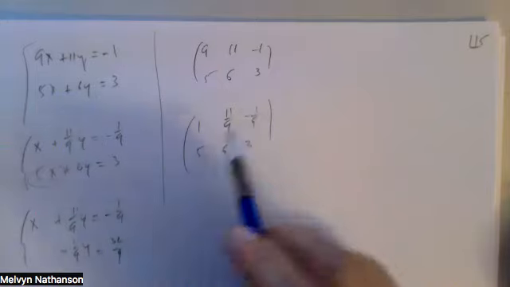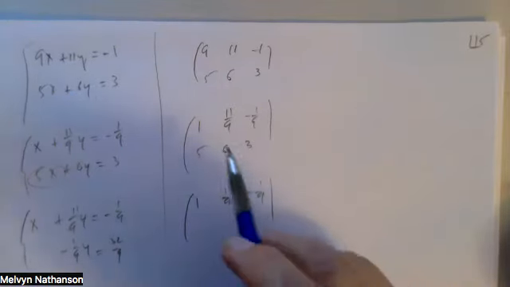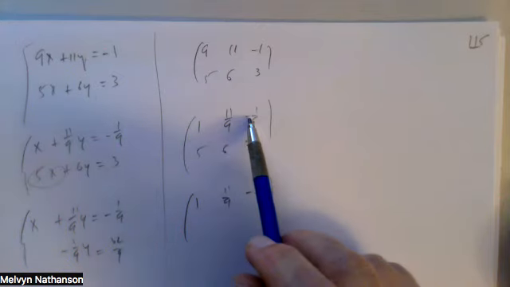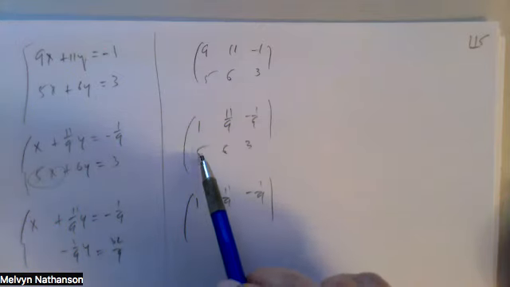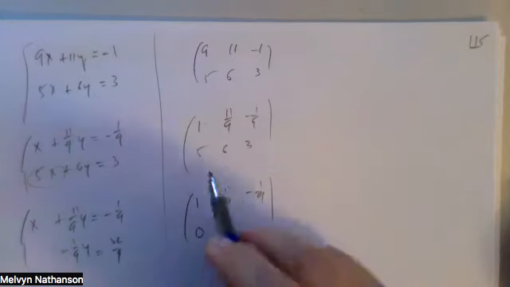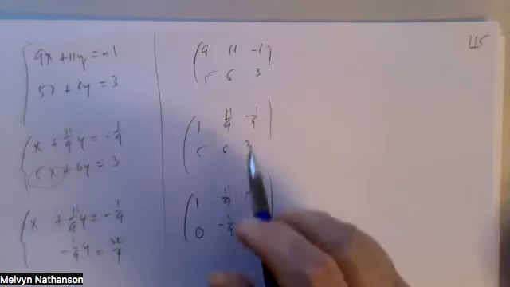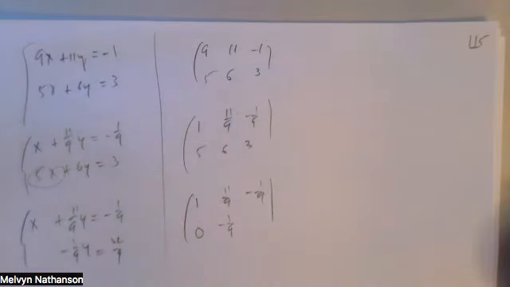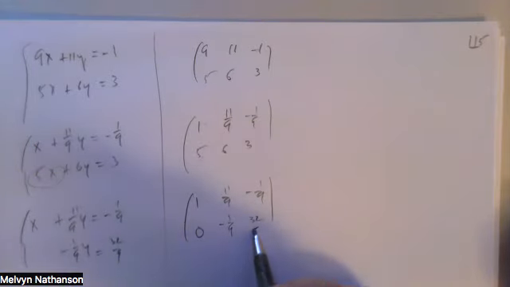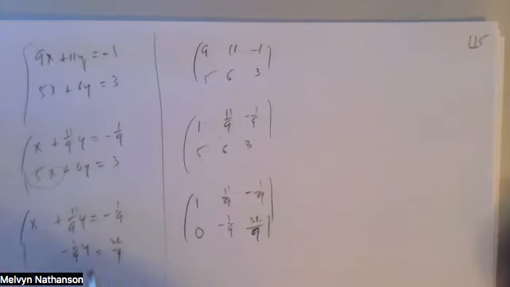Here, if you take the first equation, that doesn't change, and you subtract 5 times the first row from the second row: 5 minus 5 is 0, 6 minus 55 over 9 is -1 over 9, 3 plus 5 over 9 is 32 over 9. Notice in each case, this matrix is the augmented matrix for this system.